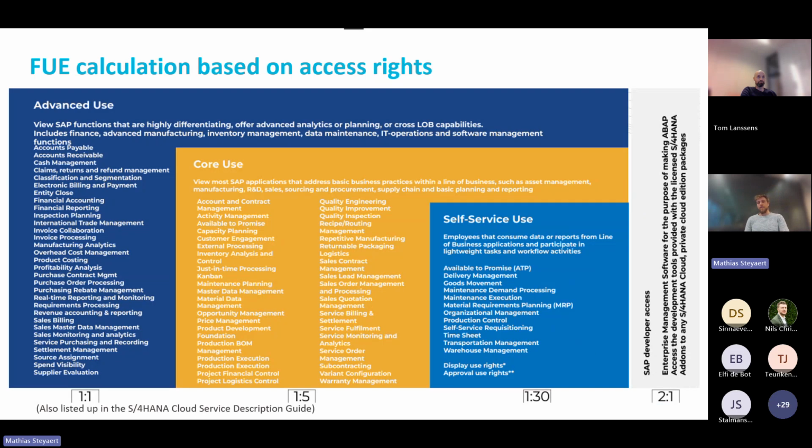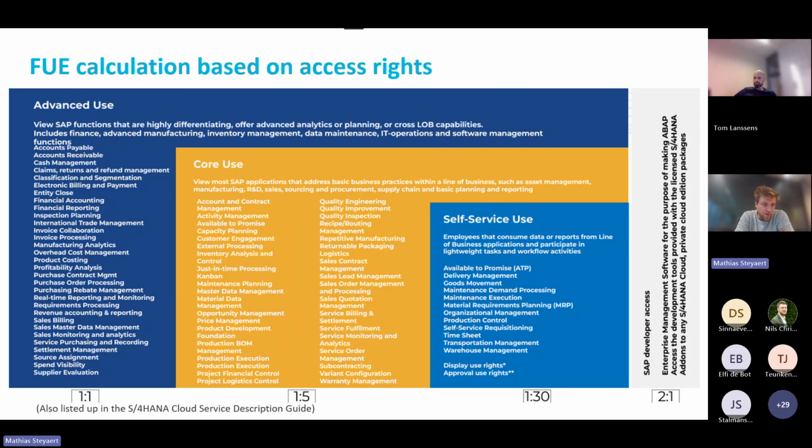But here we can see a list to give you an idea of what is advanced, what is core, and what is self-service. I'm going to pick some out, like the first ones: accounts payable, receivable, cash management. Those are all related to finance, financial accounting, and reporting.